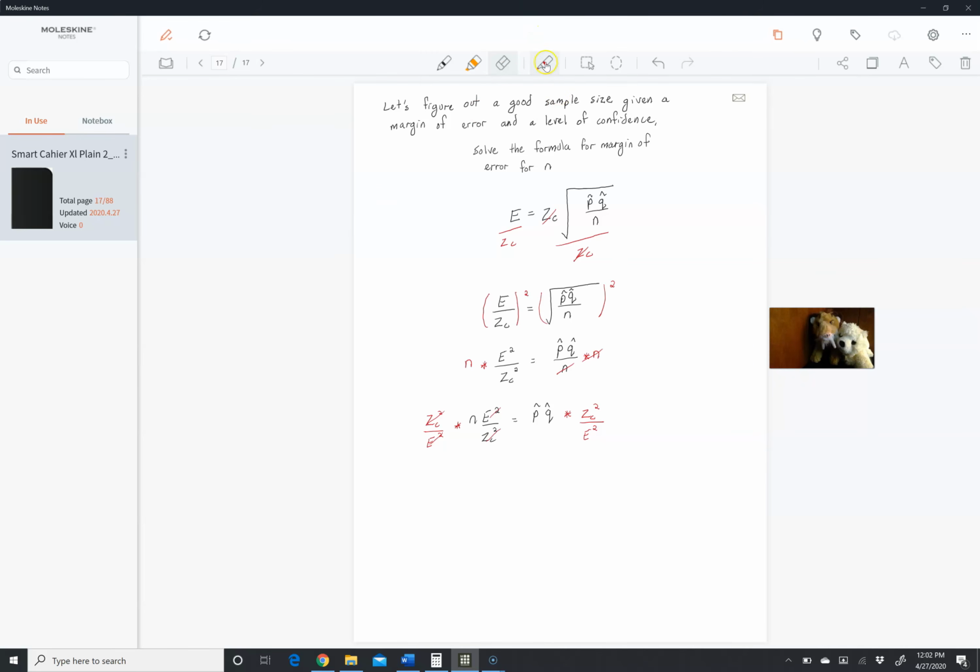That gives us our final formula. So n is equal to p hat times q hat times, and now we can put this all together in one set of parentheses, z sub c over e, squared.